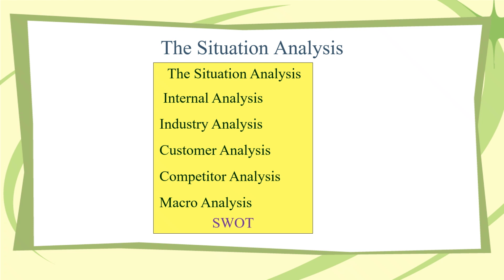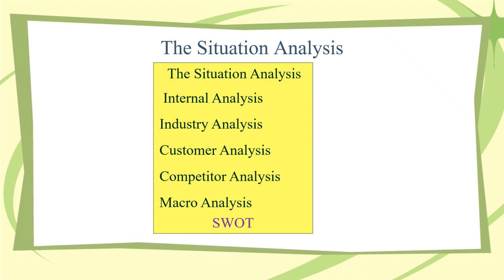And then, of course, the last stage of the situation analysis is perhaps the most complicated. It's the macro analysis. It's the understanding of all those things other than the company itself, the industry, customers, and competition that might affect how successful our organization is.